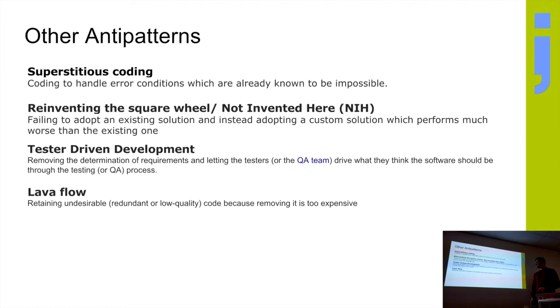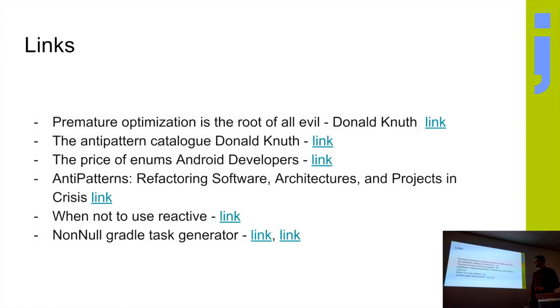And lava flow is where you have, like Camille said, portions of the code that are hard to refactor, and they are there, and it's not reasonable to ever remove them, but we should, because otherwise we would have lava flow all around the project.